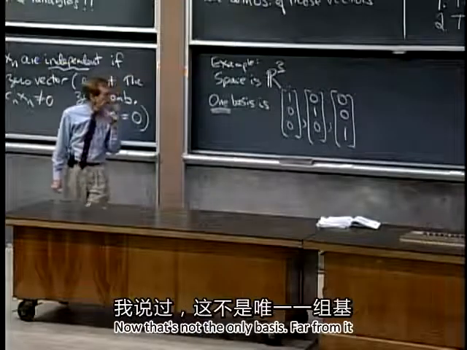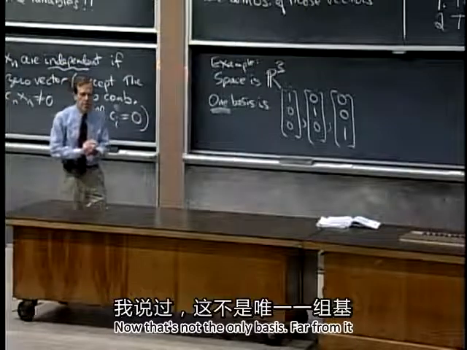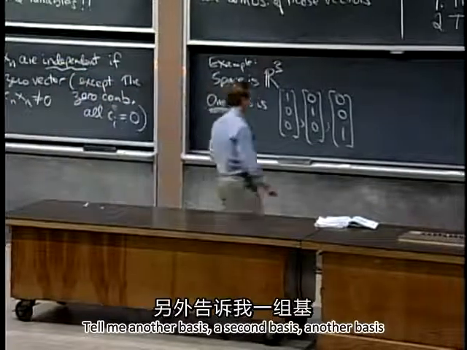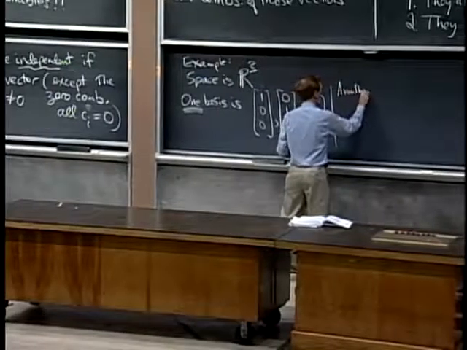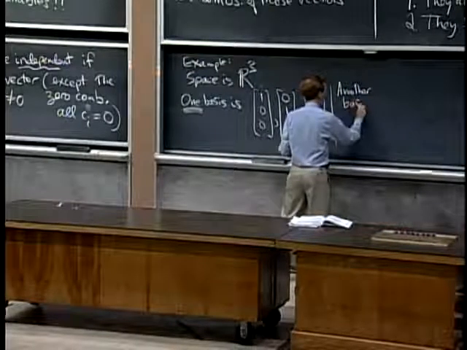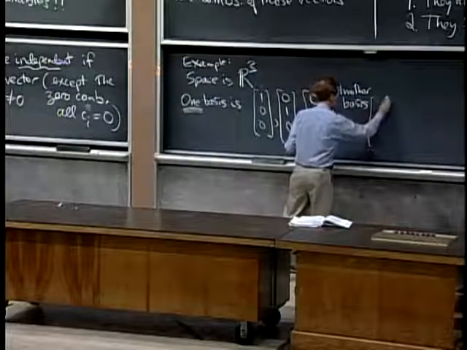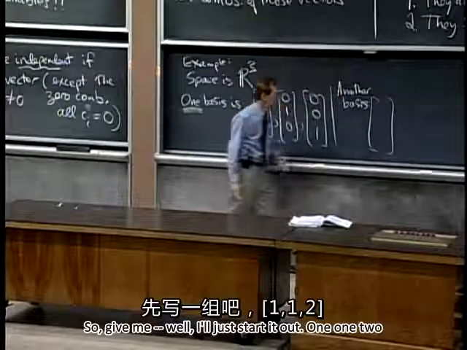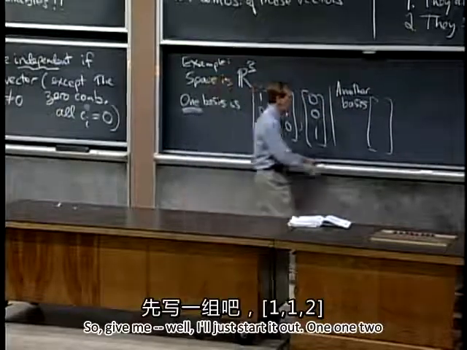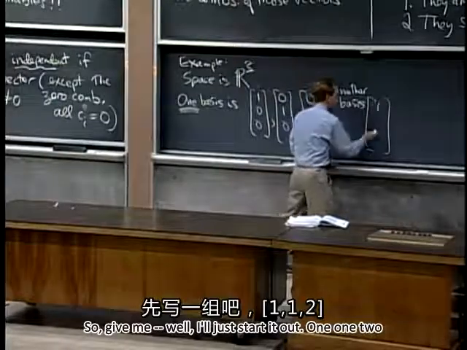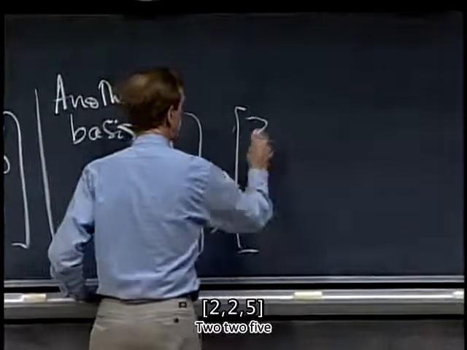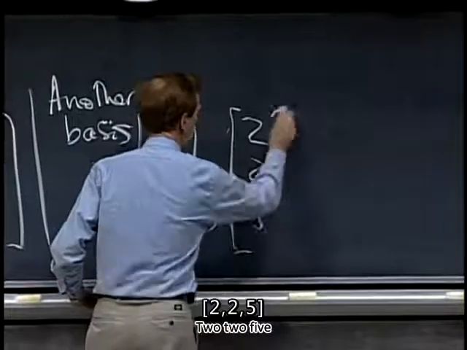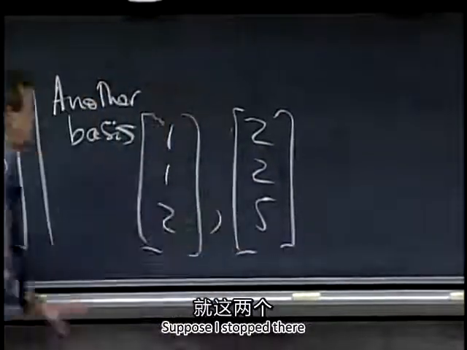Now, that's not the only basis, far from it. Tell me another basis, a second basis. I'll just start it out. 1, 1, 2. 2, 2, 5. Suppose I stop there.